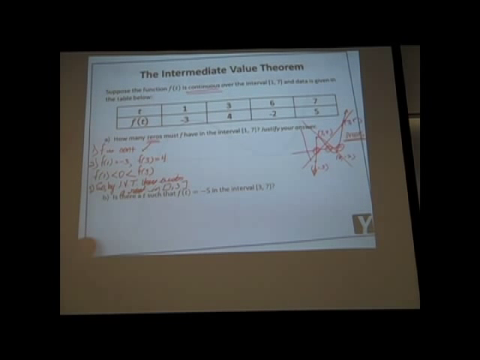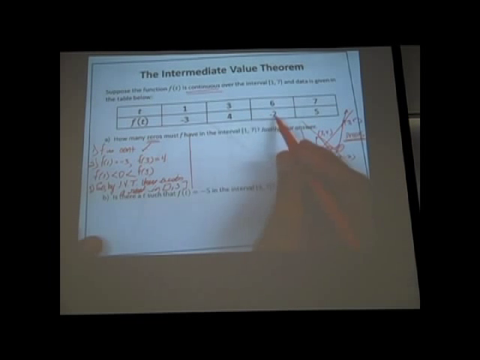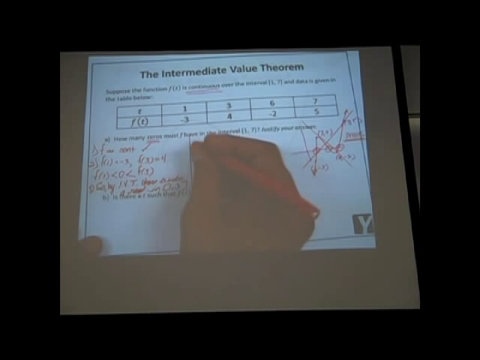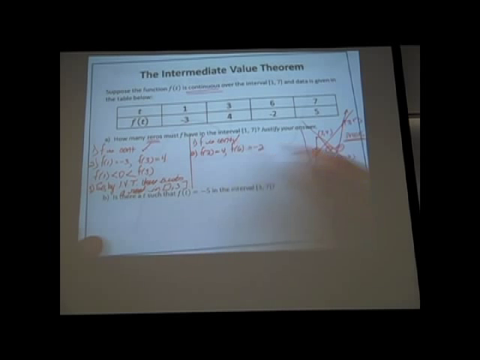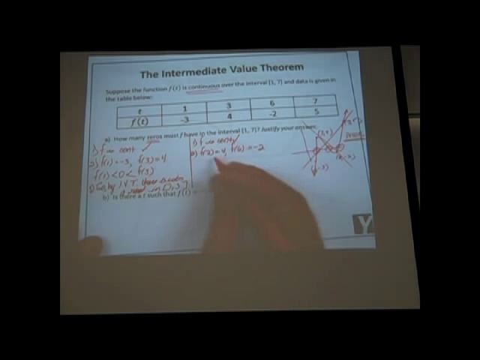There, that's 1 root. Where do we expect another root? We expect another root between these 2 points. Same argument. F is continuous. We're given that. Check. Second thing, f of 3 is equal to 4. F of 6 is equal to -2. There must be a root in between, but let's make sure we express it correctly.